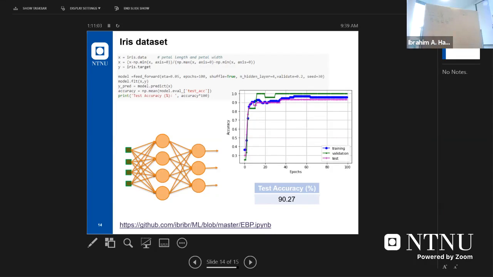And I did it for this example. I did it for the Iris dataset. In the Iris dataset, we have 4 inputs. We have 4 features: sepal length and width, and petal length and width. So we have 4 inputs, and I used one hidden layer with 4 units. And for the output layer, of course, we have 3 classes. So the output layer has 3 outputs. And I use the Gaussian function.